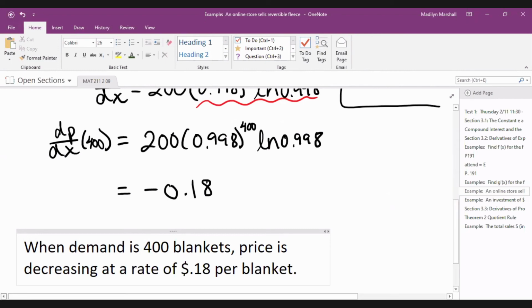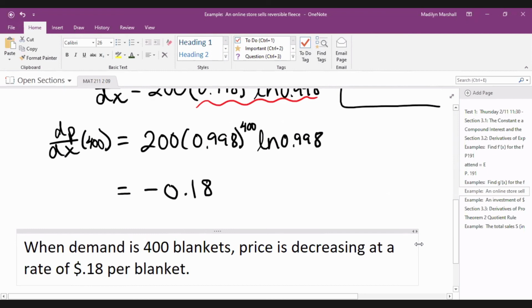I just put $0.18, but you could put 18 cents, and that would be fine. I just don't know how to type cents.